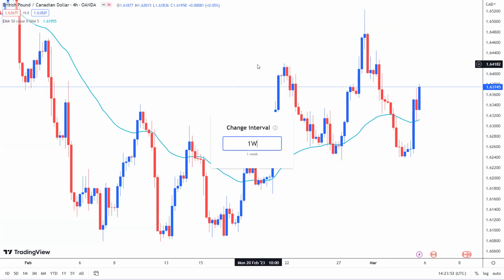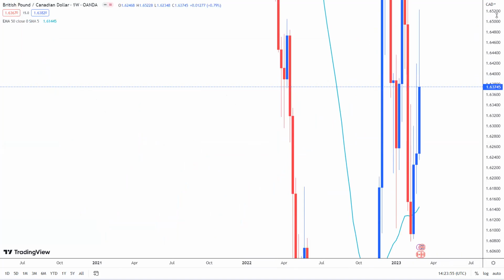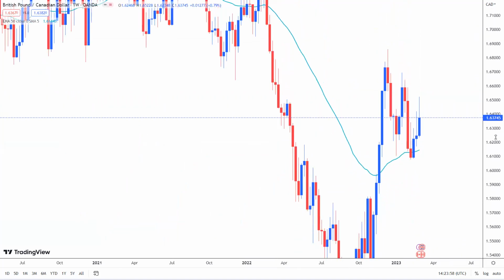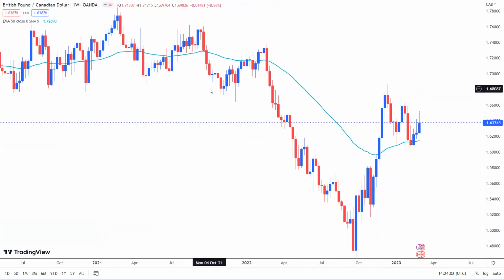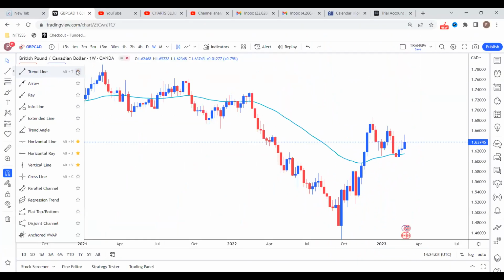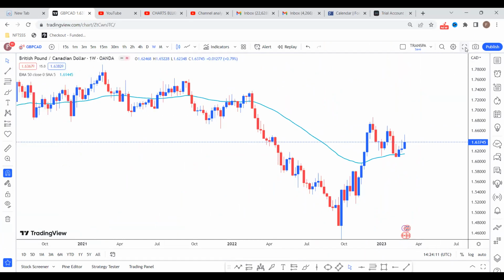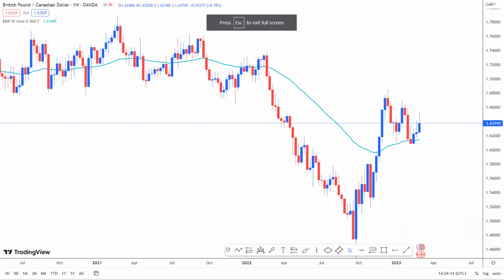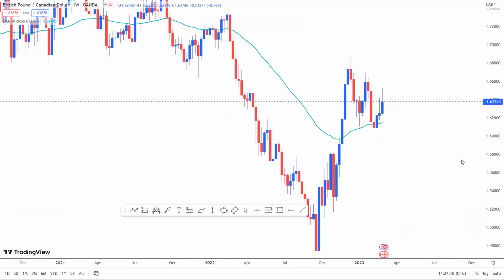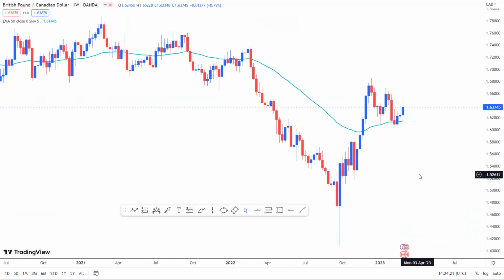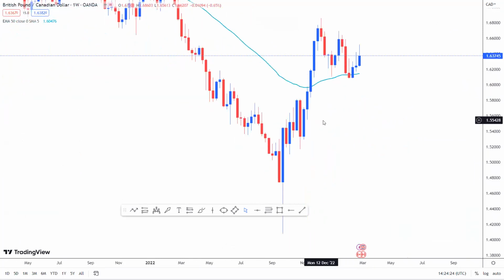Starting out with the weekly time frame. You can clearly tell from the weekly time frame we are bullish on GBP card, having broken and closed above the previous swing high right here.